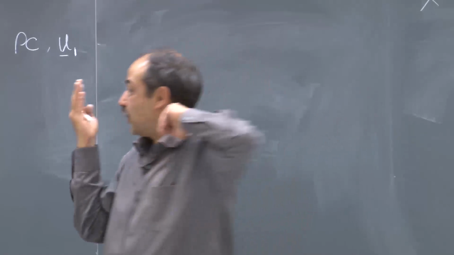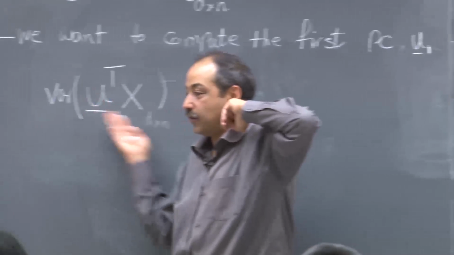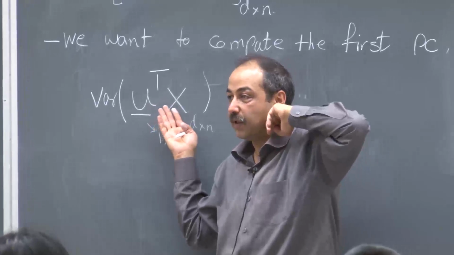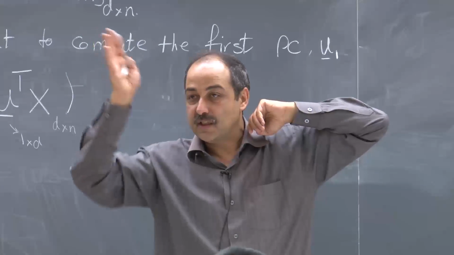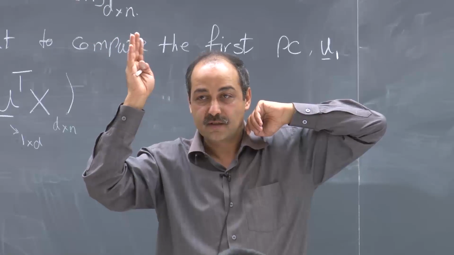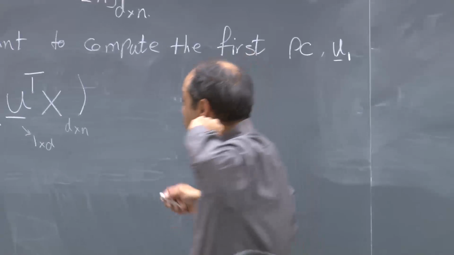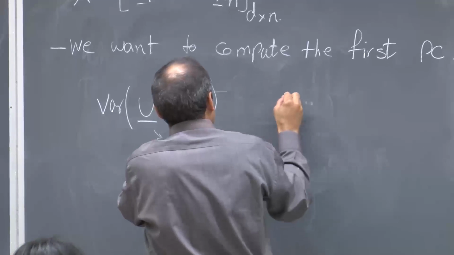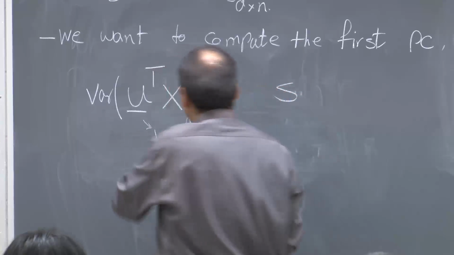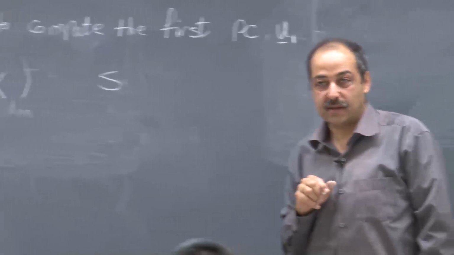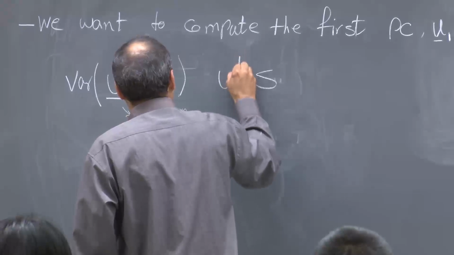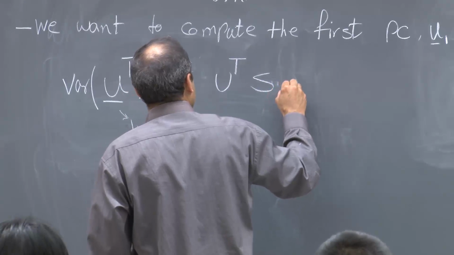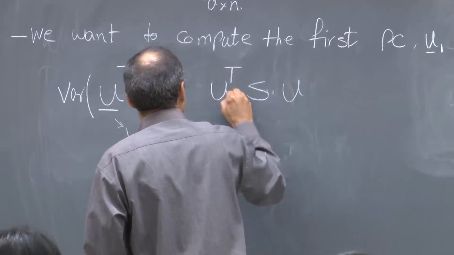But the covariance matrix will not change linearly, it will change quadratically, the same as in one-dimensional space. So basically, if S is the sample covariance matrix of X, then the variance would be U transpose S U.